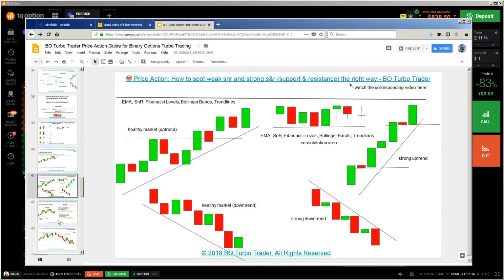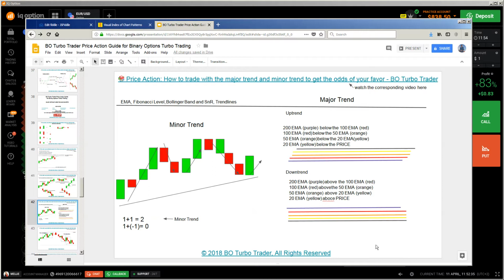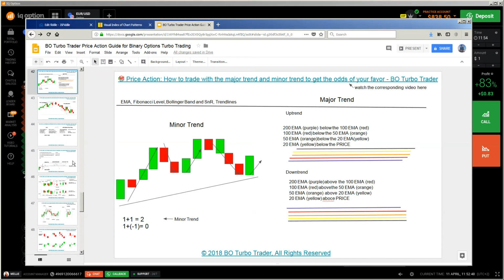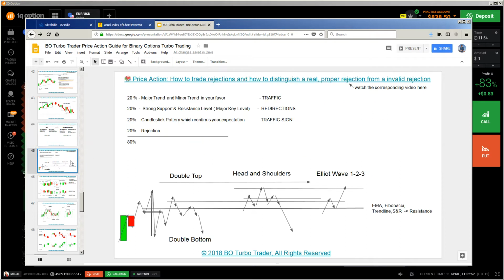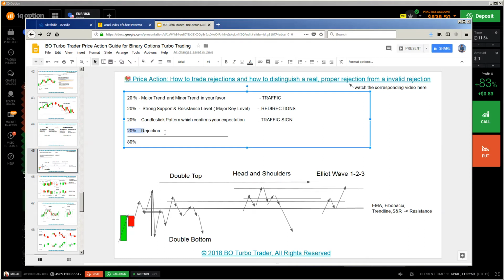Then we have the third thing, trend identification based on EMAs, and that the market is moving in waves, which you have to understand too. And last but not least, the rejection again, where I have explained its importance. Rejection makes up only 20% of the success of any trade.